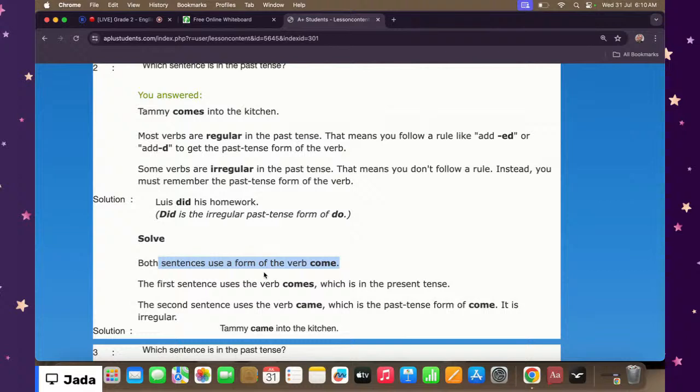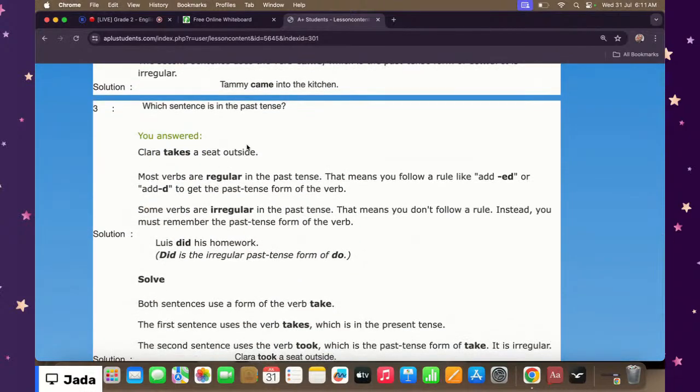Okay, so you have to figure out the past tense of come. Okay, and then the past tense of come is came. So, for example, you're saying, I'm coming home today in the present, then in the past tense, you say, I came home yesterday. Okay, so that's it.